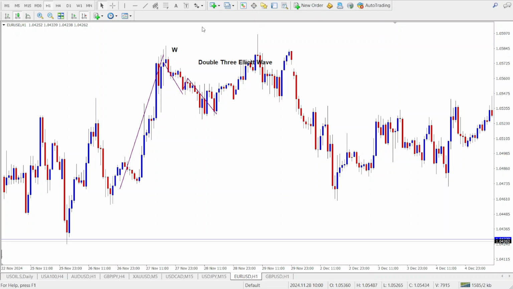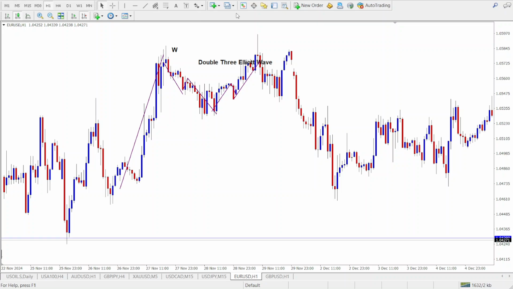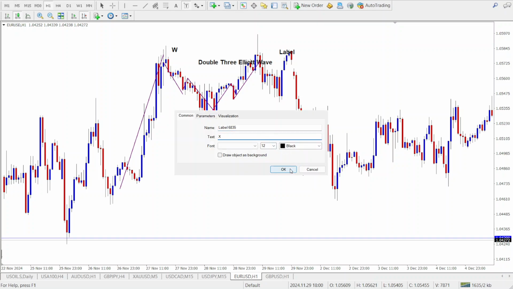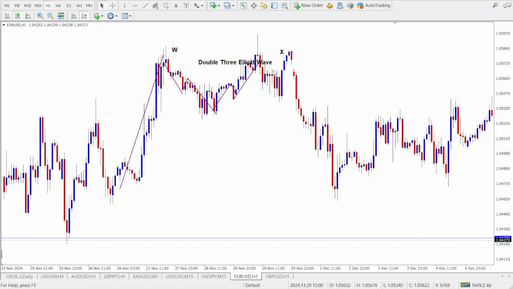Following this W pattern, we have the second correction, which is labeled X. This one can sometimes be a smaller corrective wave or even a simple sideways movement.